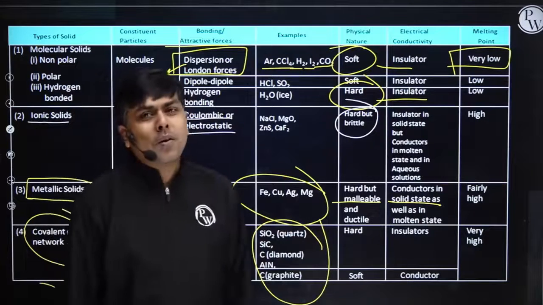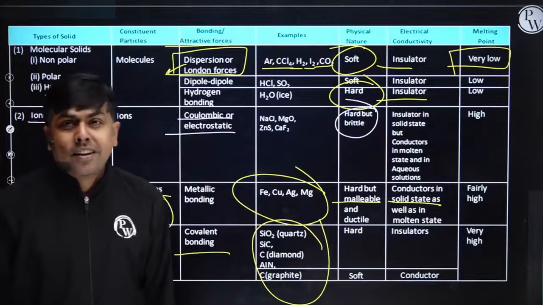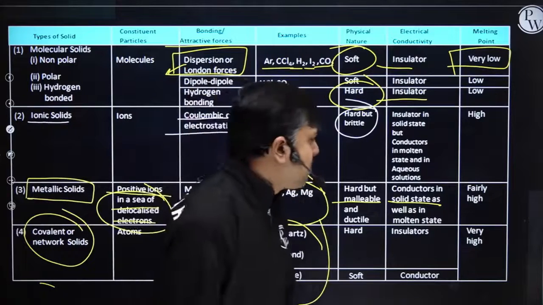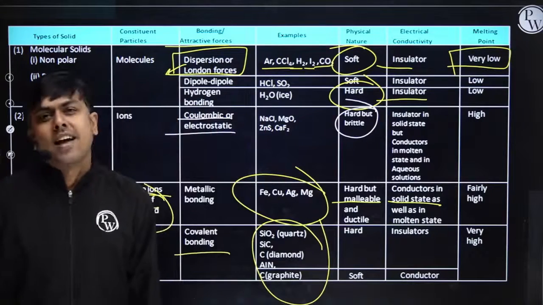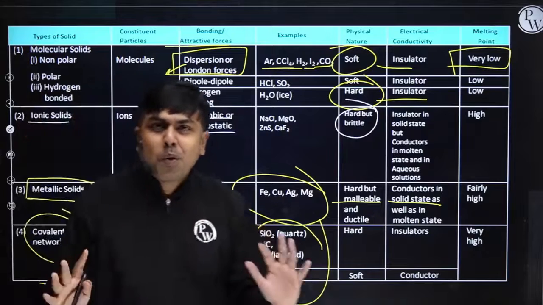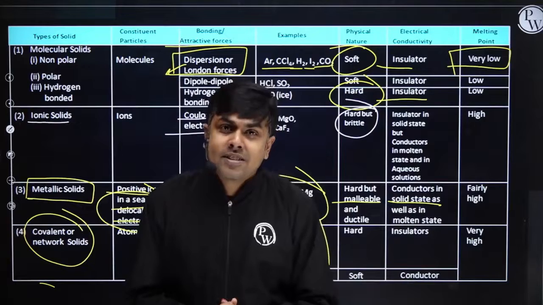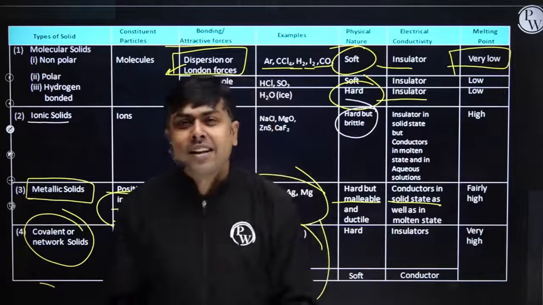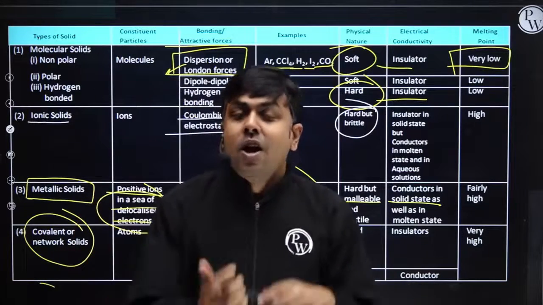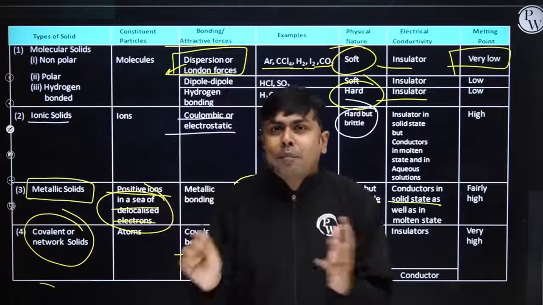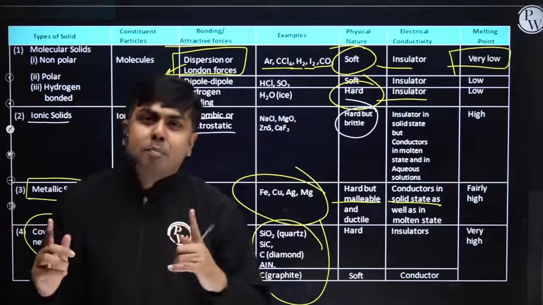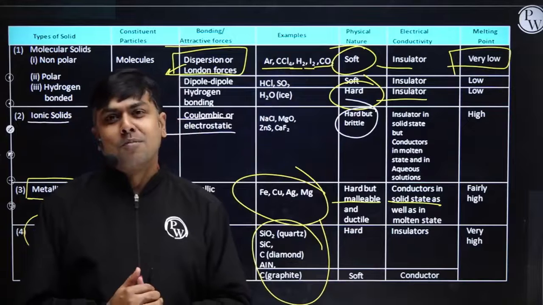If I talk about the conductivity, they don't conduct. Melting point relatively very high. Am I clear, students? So I hope you understood all these different types of crystalline solids, and these crystalline solids were classified on the basis of the intermolecular force of attraction operating. Am I clear? Let's move ahead.